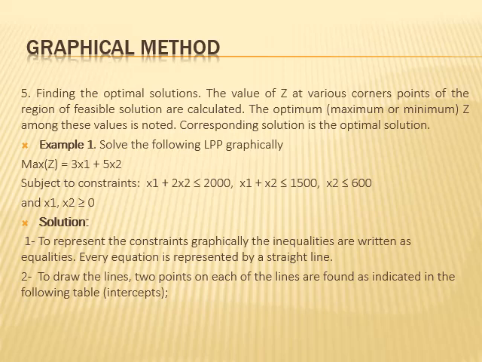Now, subject to the following constraints: x1 plus 2x2 less or equal 2000, x1 plus x2 less or equal 1500, x2 less or equal 600.